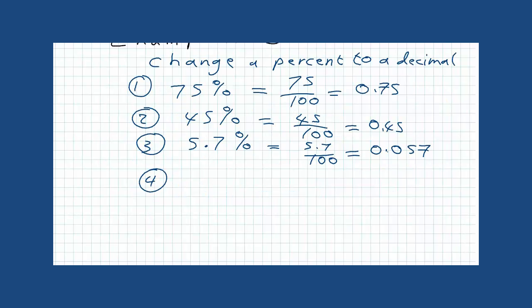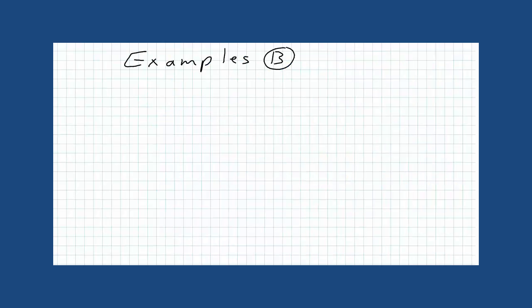Fourth example, 25.00% can be written 25 hundredths over 100, and this will move the decimal point to the left 2 place values. So we will have 25 ten-thousandths.